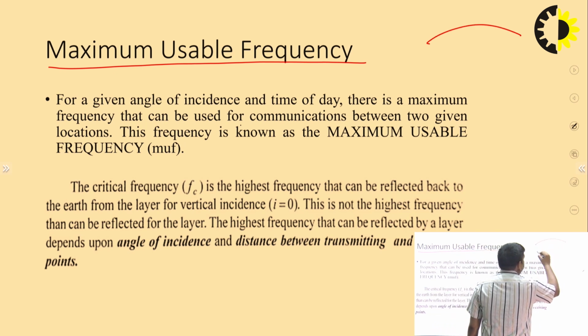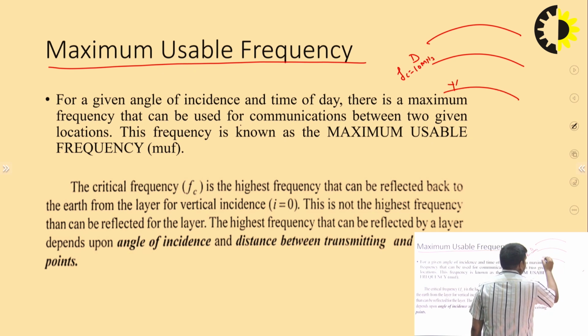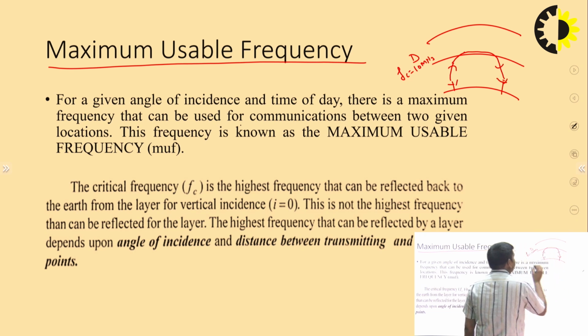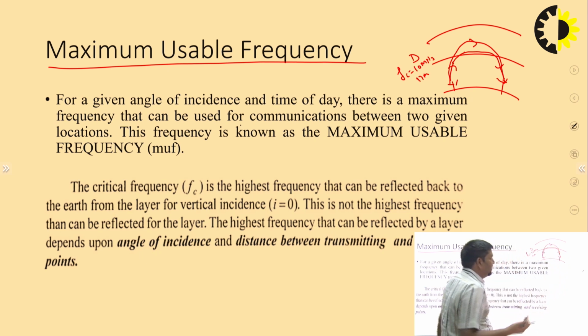Suppose this is the D layer having a cutoff frequency of 10 megahertz. If I transmit a 10 megahertz frequency here, it just grazes and is reflected back to the receiver side. If I increase the frequency to 12 megahertz, it penetrates more into that layer and is received at the receiver side.